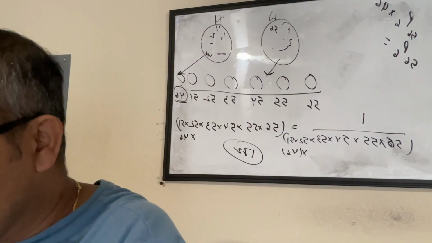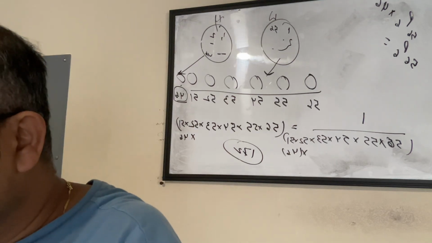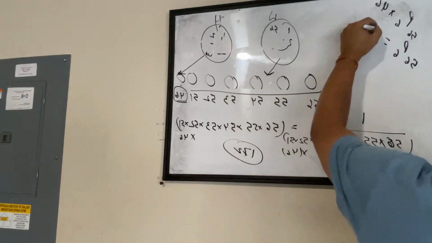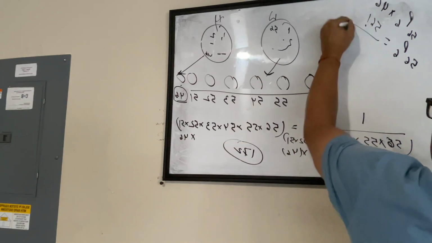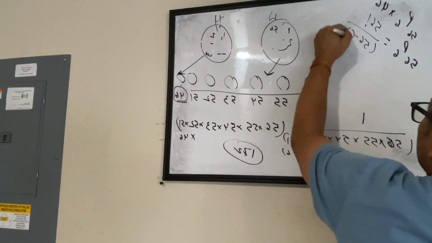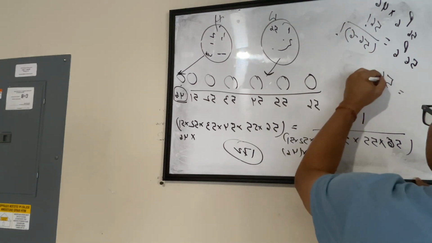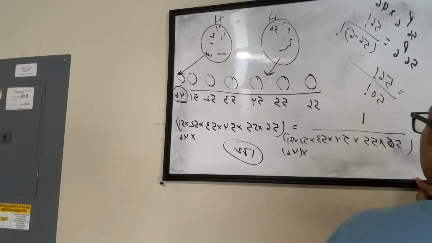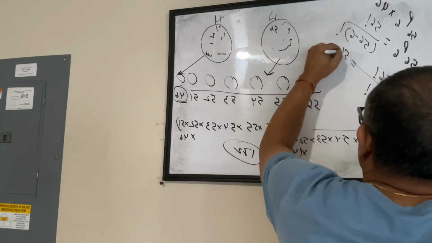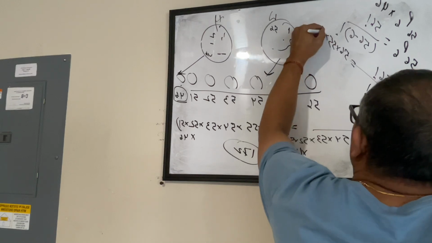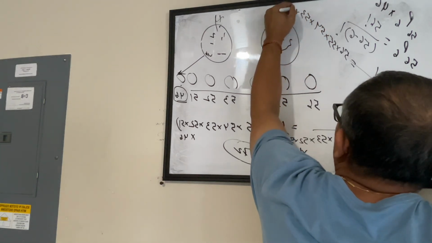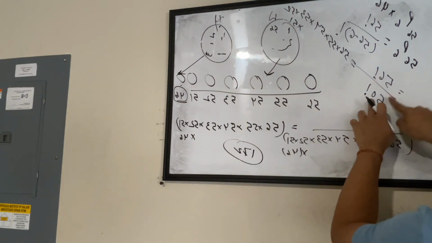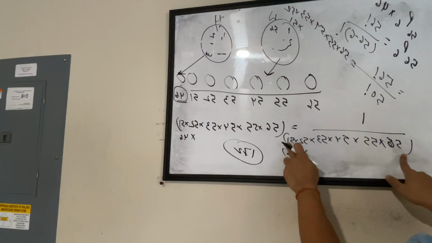So that's why it's a permutation. 56P6 is 56 factorial divided by (56 minus 6) factorial, which is 56 factorial divided by 50 factorial, resulting in 56 into 55 into 54 into 53 into 52 into 51. Up to 50 is taken care of. So 51 to 56, this is what you get.